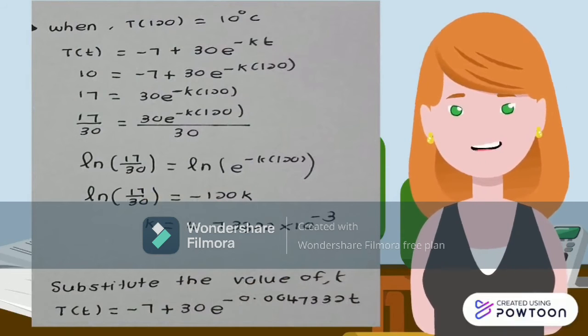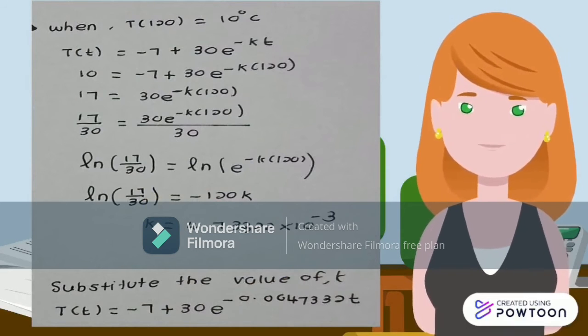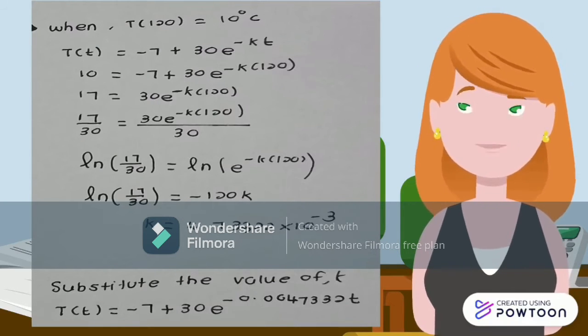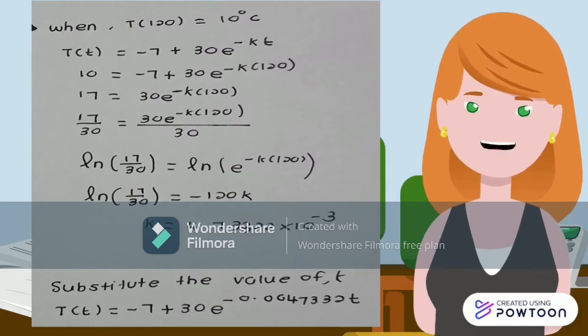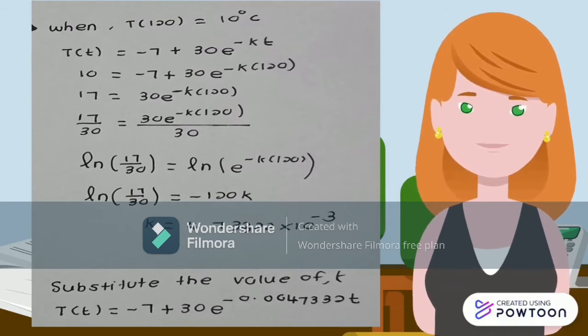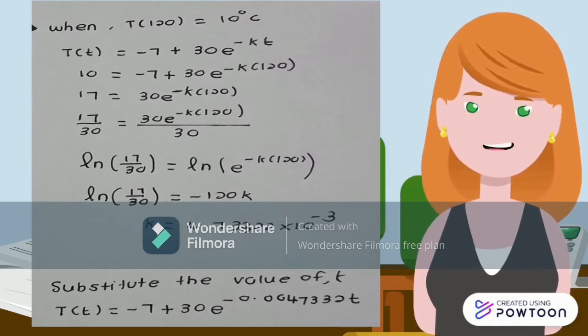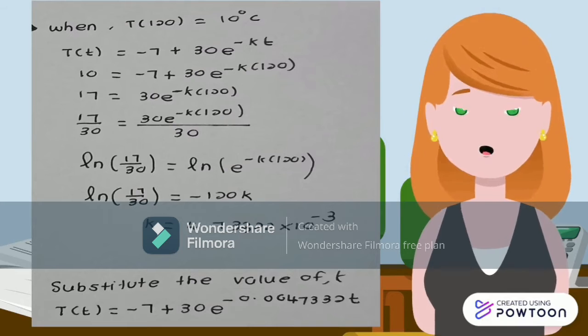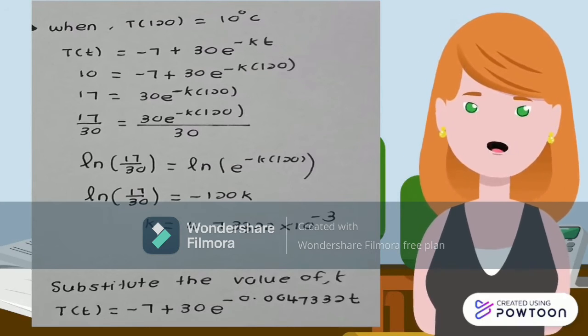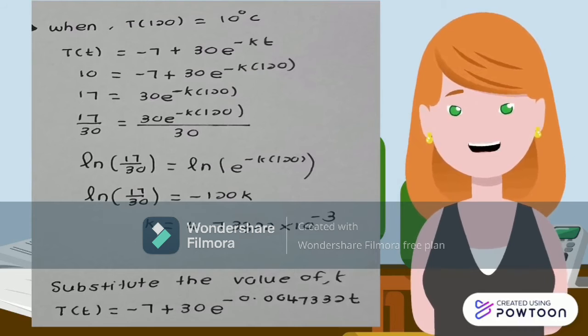From the question, we already know that when the time was 120 minutes, the temperature was 10 degrees Celsius. So we must substitute t as 120 and the temperature as 10 degrees Celsius in the equation that we found just now, which is T(t) equals negative 7 plus 30 exponential raised to negative kt.